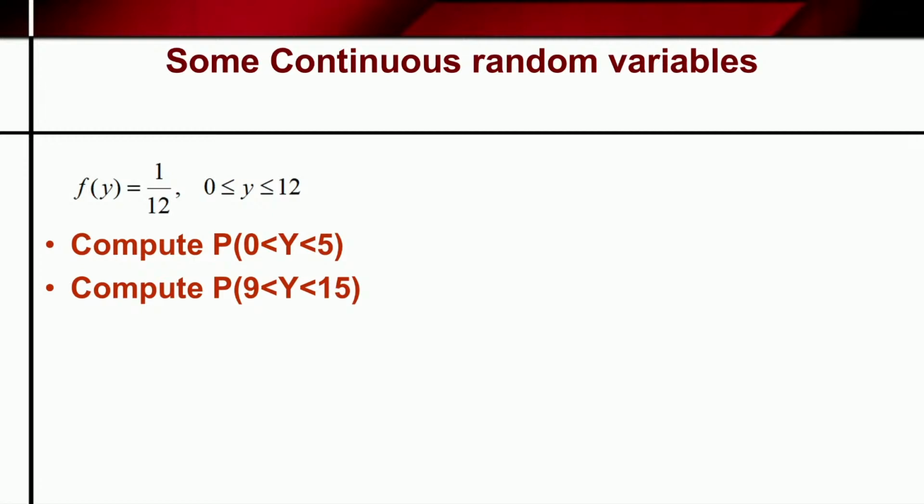So see if you can compute those probabilities. First one is the probability that y is between 0 and 5 for that random variable. And you can either do it as an integral or as just the easy way. And then the same thing for the probability that y is between 9 and 15. And I will pick some randos to do this.